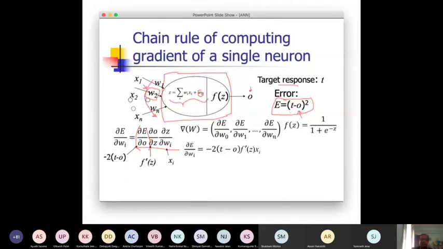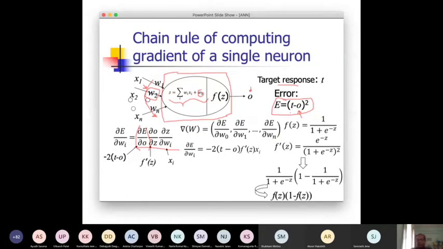Next, I will show you that given this particularly interesting nonlinear function, the sigmoid function, if I perform the derivative operation, you can follow these steps. I'm not going to describe each and every one because it is very straightforward.